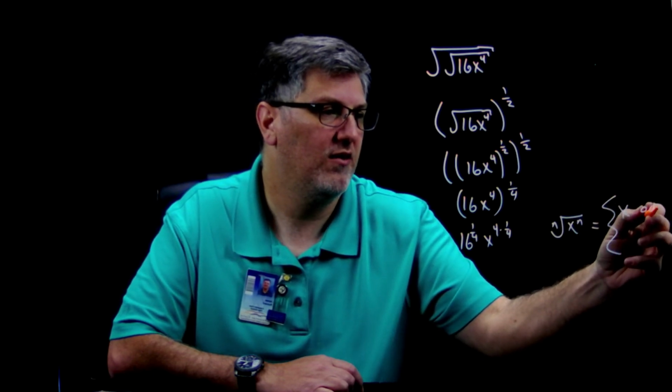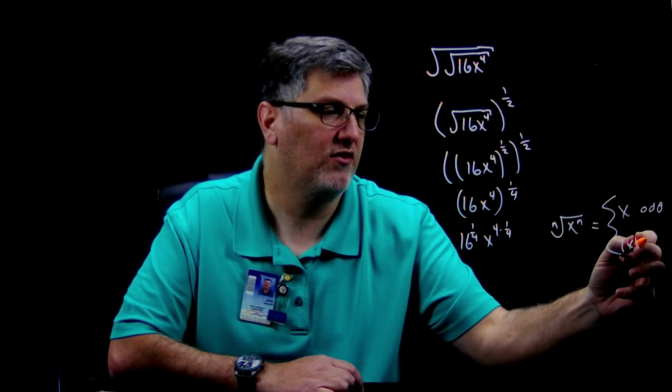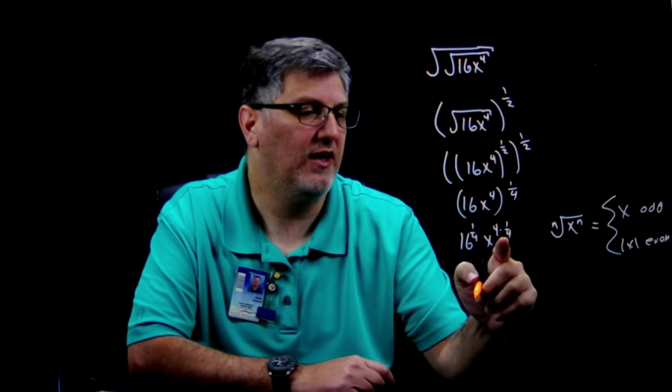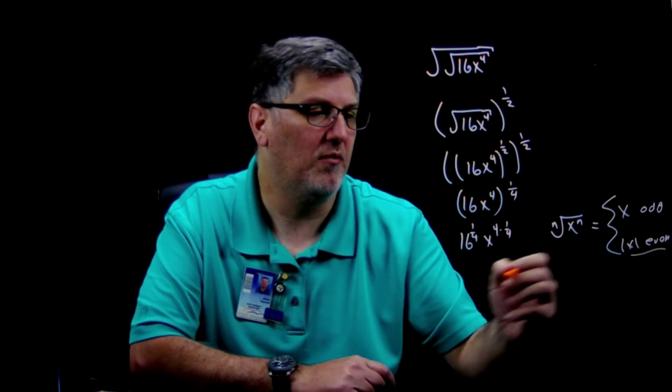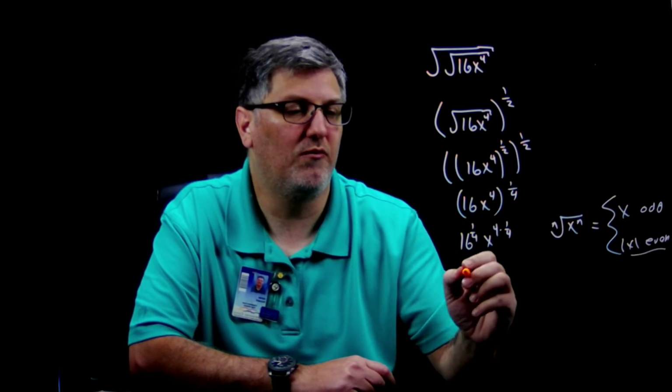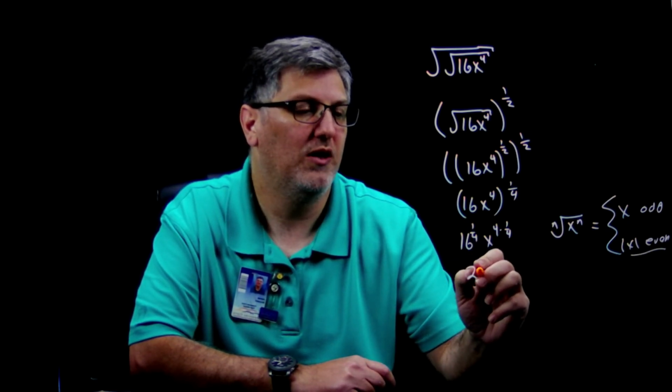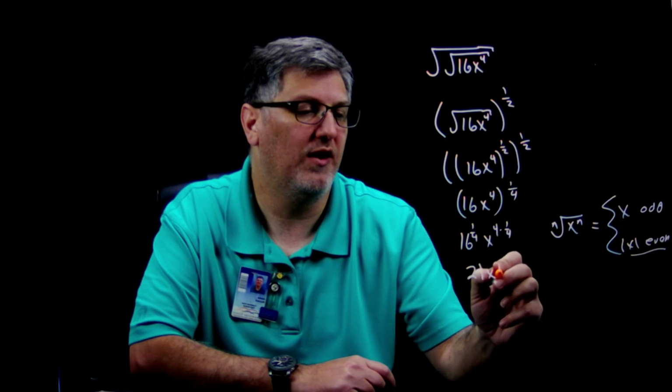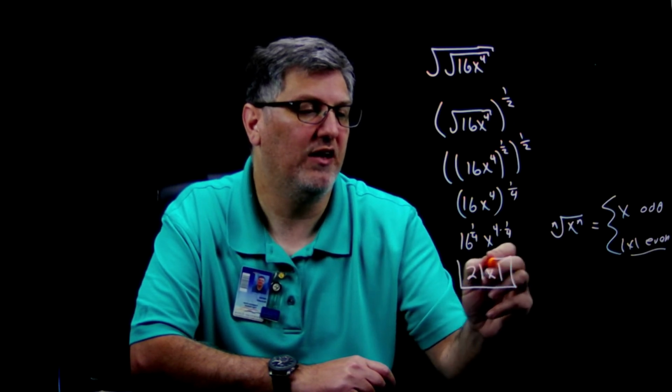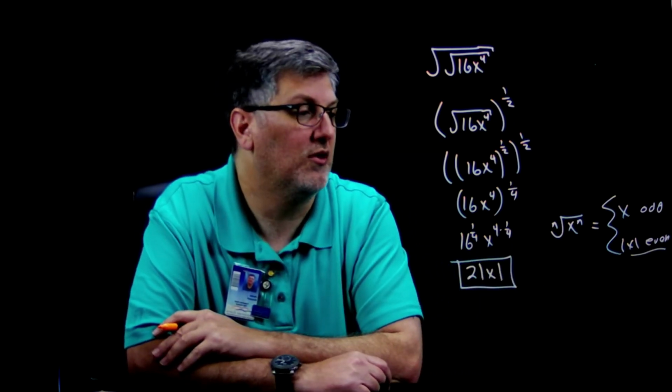This right here is in the form of the nth root of x to the n. This is where we have our piecewise function: x if it's odd, and absolute value of x if it's even. Well, I have an even and an even, so it's going to be the absolute value. And 16 to the 1/4 is simply 2, so I get 2 times the absolute value of x. And that, ladies and gentlemen, is my solution.